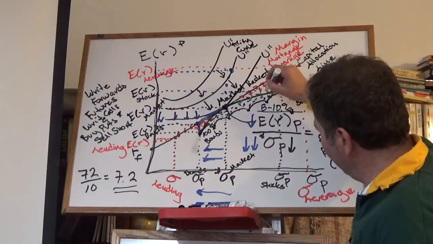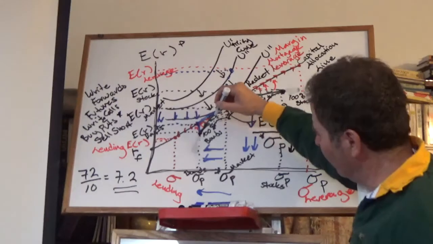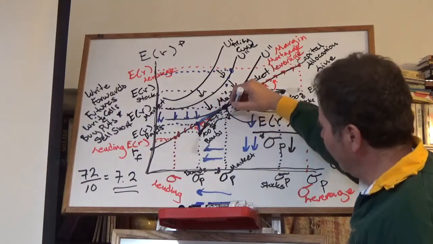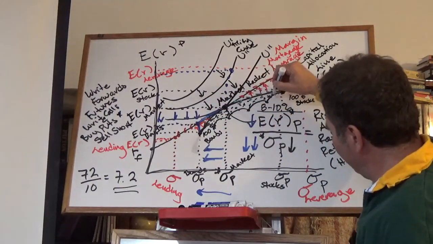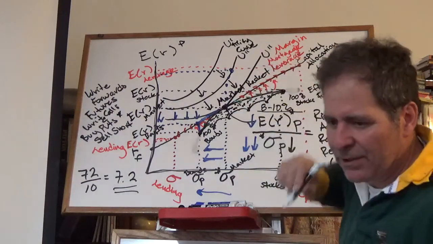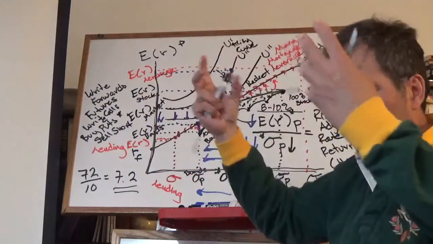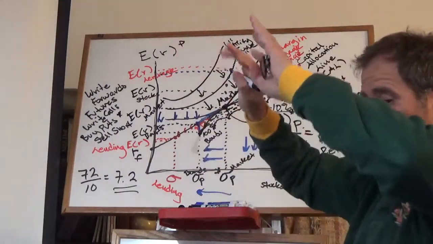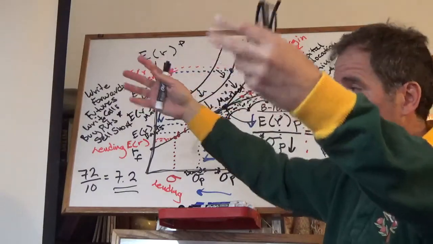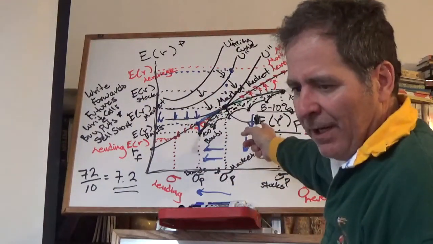And every spot along the Efficient Frontier, every spot along the umbrella, and every spot inside the Efficient Frontier are actual portfolios that we can construct from assets that are available in the capital market. We can pull them together and construct feasible portfolios.